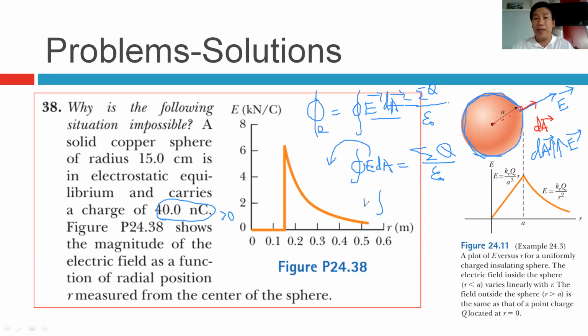So we have E times the integral of dA equal to the total charge divided by epsilon 0. And here you only need to calculate the area of the surface of the sphere.